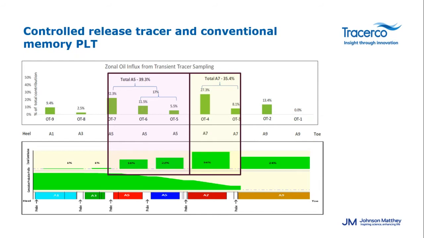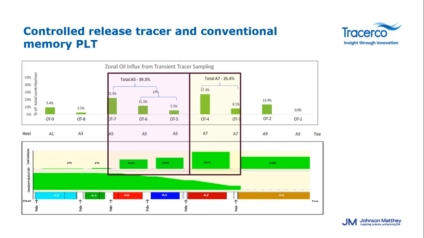The timing of the two measurements varied slightly and were completed consecutively. The memory PLT only provided cumulative production per zone, with the exception of A5, which had 2 sections for the PLT and 3 traced sections.